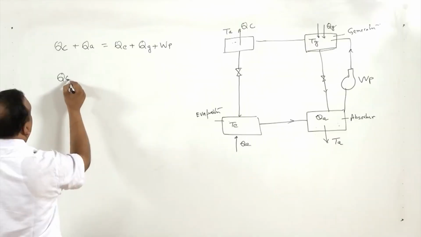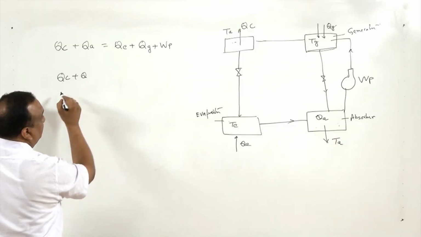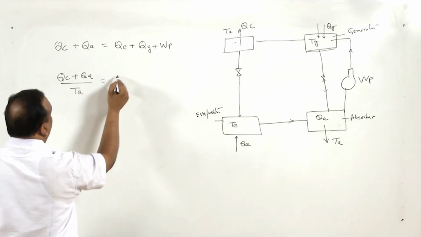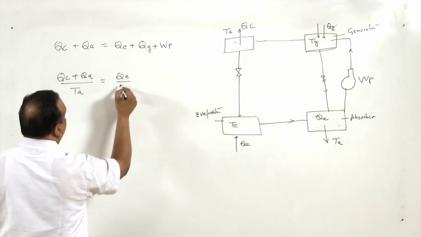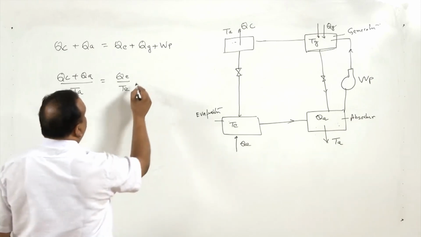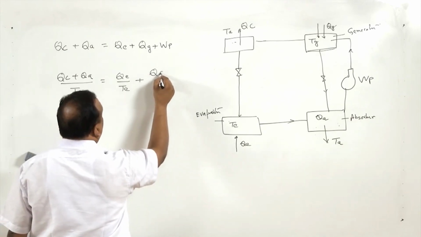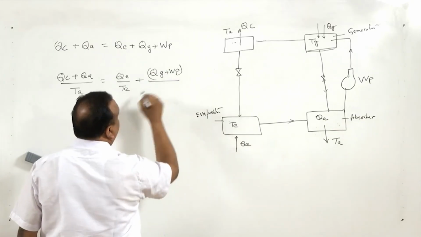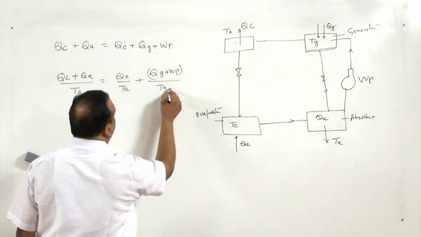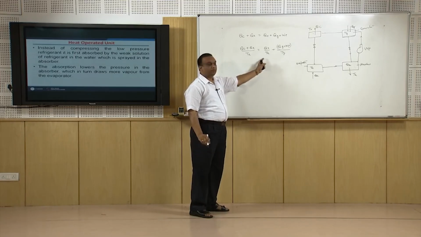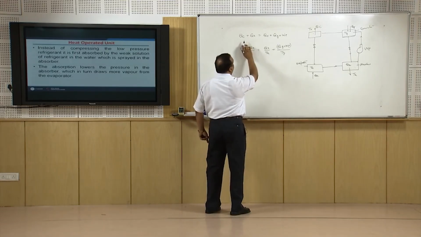So, (QC plus QA) divided by TA is equal to QE divided by TE plus (QG plus WP) divided by TG. So, we have taken that the sum of change in entropy is 0, and this is the heat balance.